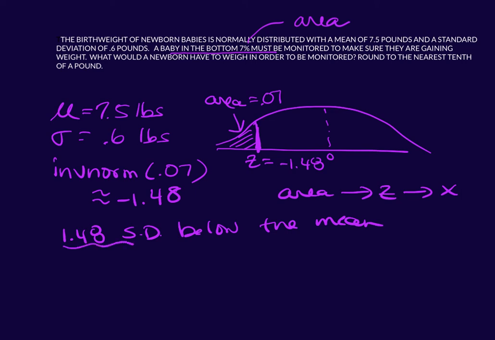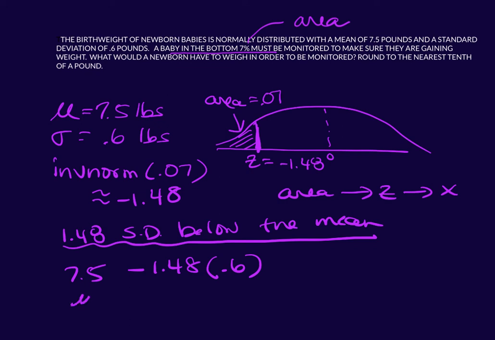So I have to be 1.48 of my standard deviations below the mean. And that's the exact formula that we wrote for converting a z-score into an x value, because that's our mu, and it can be plus or minus depending on our z. Our z was negative here, but that is the formula we wrote for x in our notes. If you think about it as 1.48 standard deviations below the mean, then you've got that formula right there.